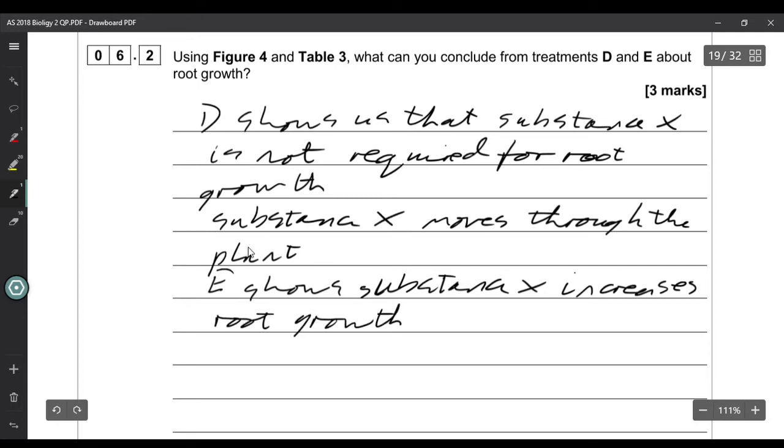So as we saw that there were more roots in E than there were in D. But also note I've mentioned D and E. So the conclusions that we're drawing, I've indicated which diagram I've drawn those conclusions from.